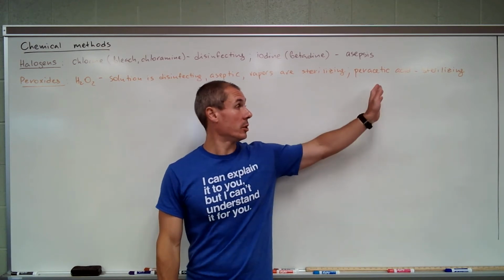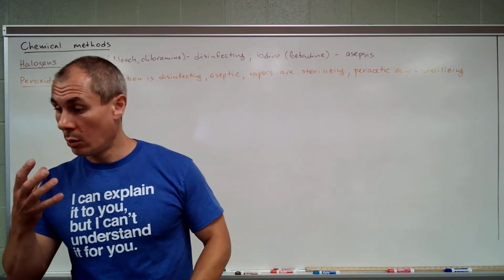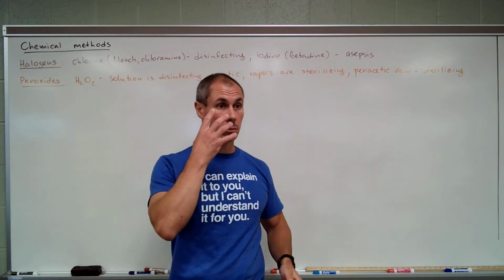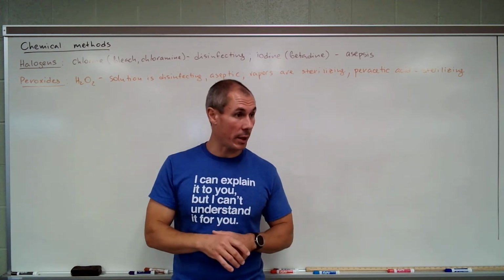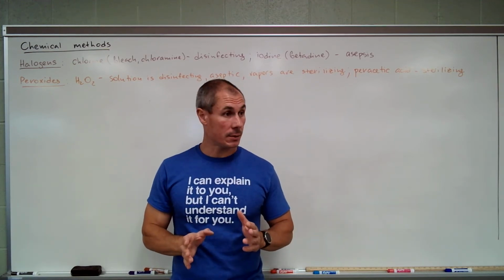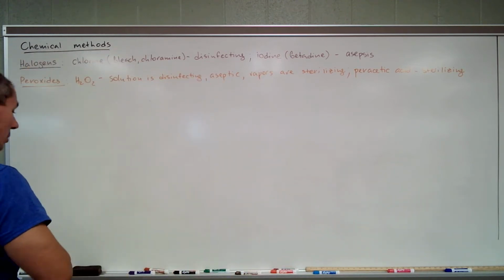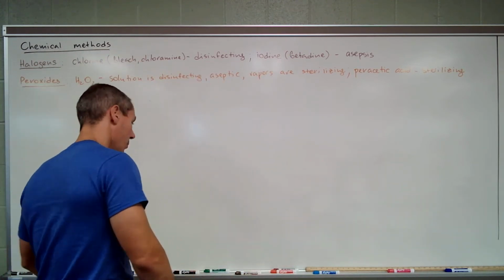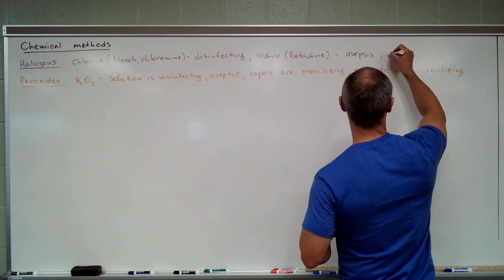So technically, when you work with peracetic acid, you should wear a mask. Not the full gas mask, but kind of a respirator. Does that make sense? Now, why did I group halogens and peroxides together? Because the main mode of action for them is oxidation.